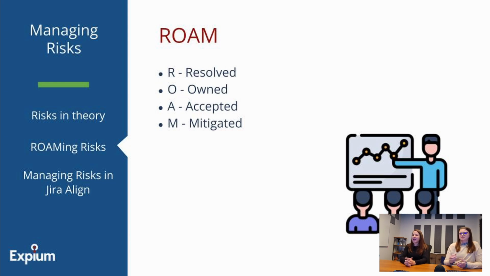So let me know in the chat, in your opinion, when we are ROAMing risks, so we think about a risk and we decide, is that risk resolved? Is it owned? Is it accepted or mitigated? What status carries the most risk?